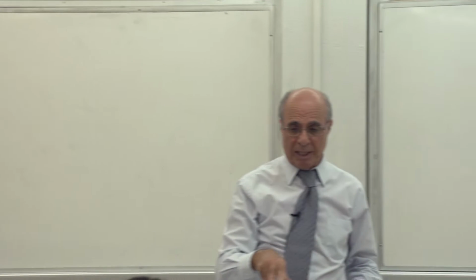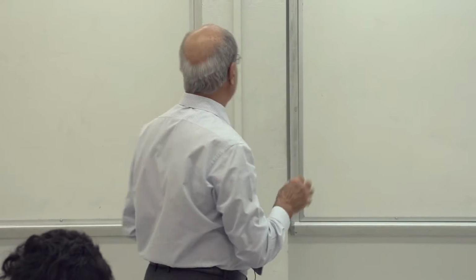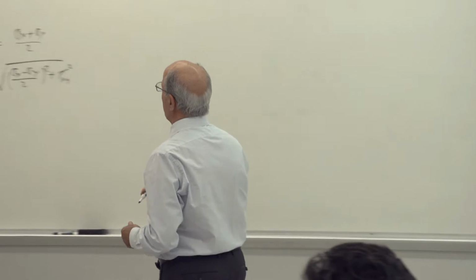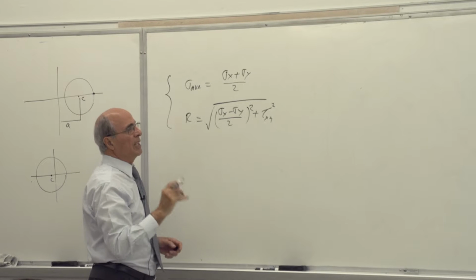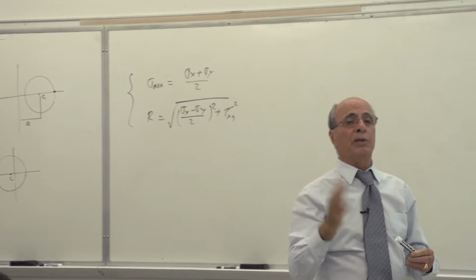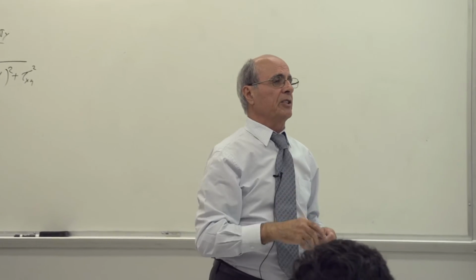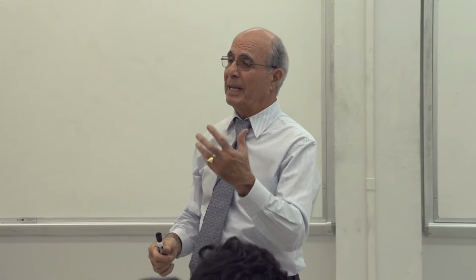I don't know how much explanation I gave you at the end, but these are very important information from the circle. Now, remember, equations 7.5, 7.6, and 7.7 were representing all the stresses in every direction. First of all, you have to realize what the stresses are all about. Please pay attention.